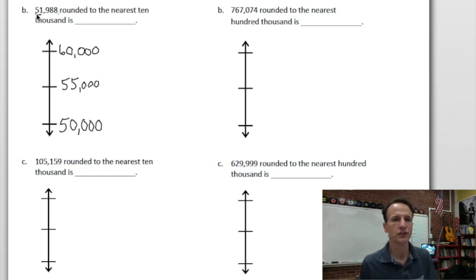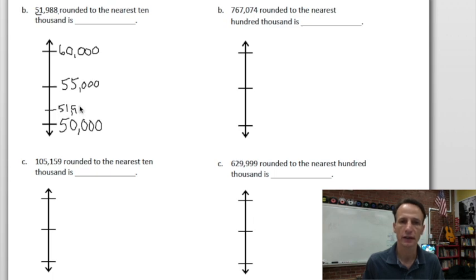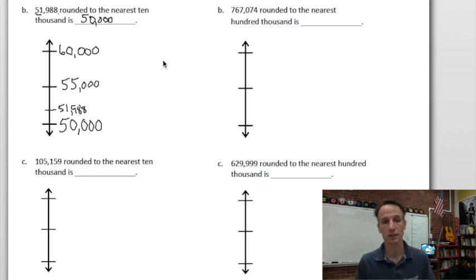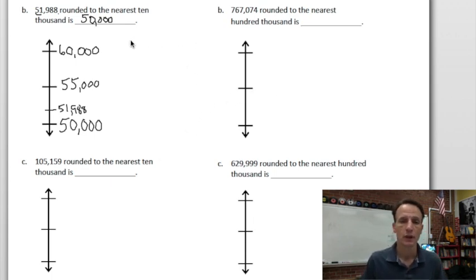So where does 51,988 fall on here? We'd say right about here. 51,988. And you can see quite clearly which 10,000 it's closest to. That's right, it's closest to 50,000. And of course, we'll get to the point where you won't even need the number line for these. You'll just be able to kind of picture that in your head or work without it.